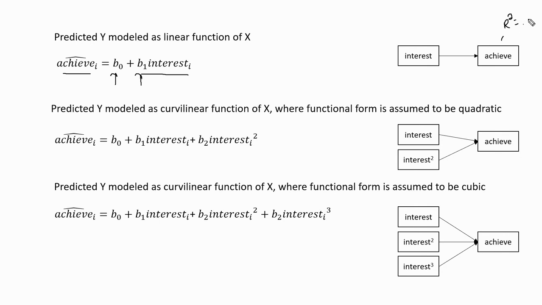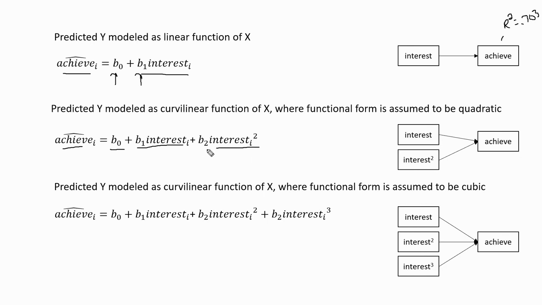So I'll just say R-squared is equal to 0.703 right there. Now, the next model, which we haven't officially run, but we allowed the program to generate the estimates for us just as we were doing our graphing. You can see that achievement is still a function of an intercept and then a slope times our interest variable, but then we're adding in another predictor, and that is interest squared.